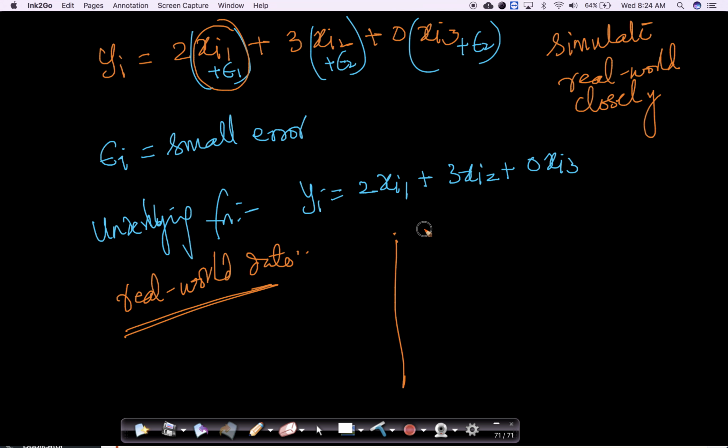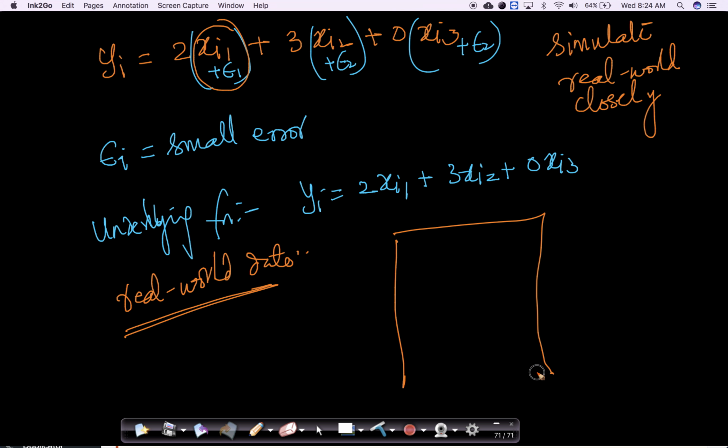And now you create your data set. Let's call this data set D dash. D dash is simulated real world data with the underlying function. Again, remember, this is the underlying function, but in the simulated data, we'll add a small error term. Let's assume I create 10,000 data points here.